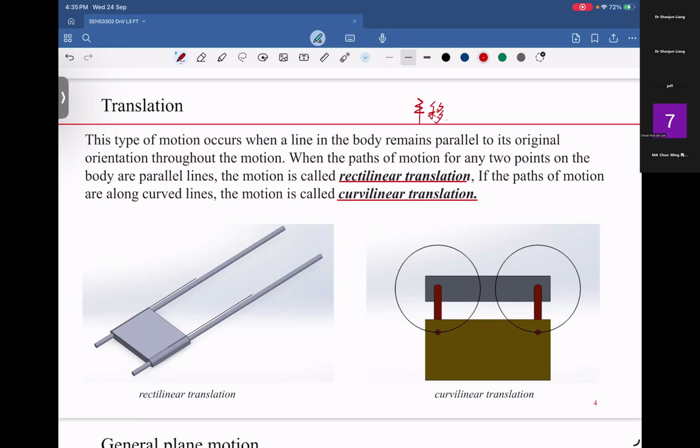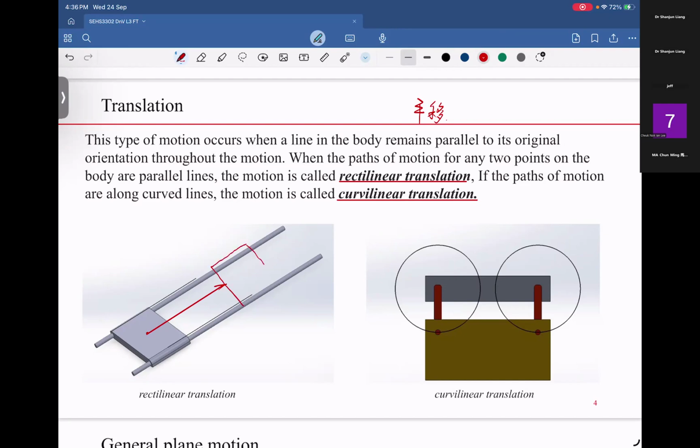Rectilinear translation is very easy to understand, and what you can imagine for a translation is this type. Here is a rigid body. It just moves from one position to a new position, and maybe later it comes to here.